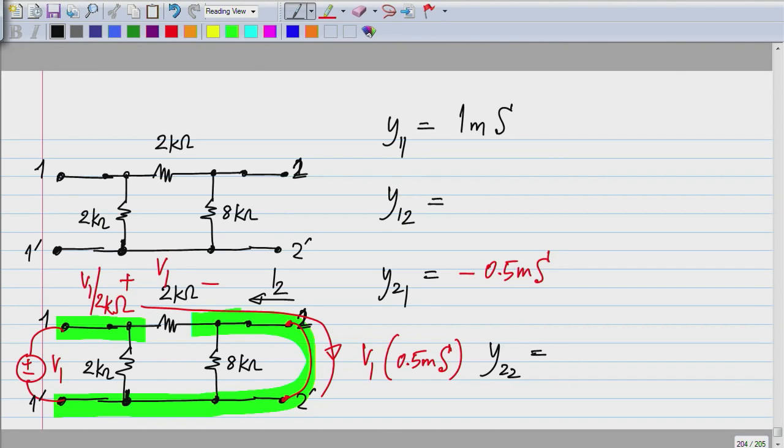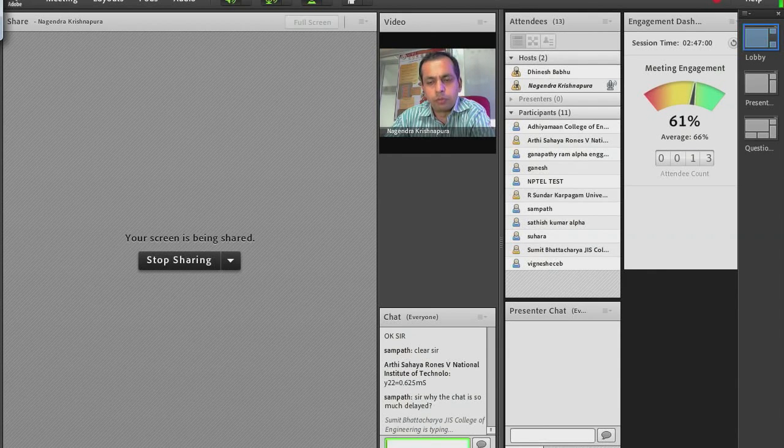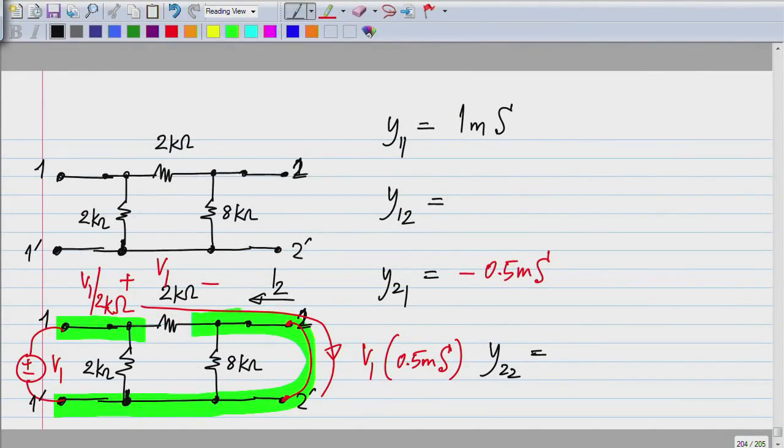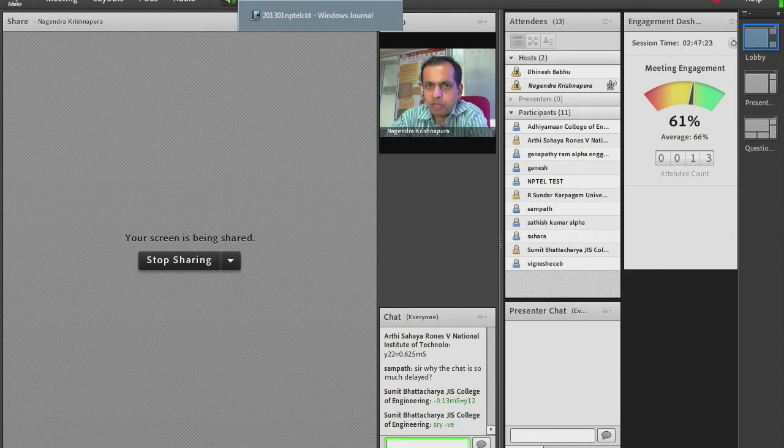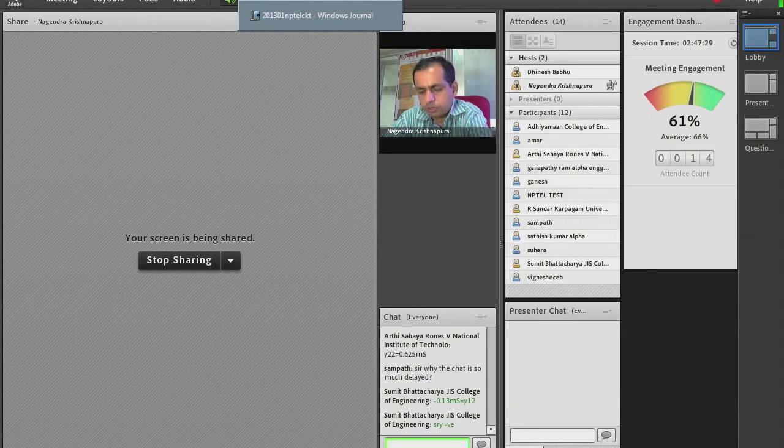So that is the correct answer. What about the value of Y12? Sumit has got minus 0.13 millisiemens. This is not correct. Please check your answer. Remember, Y12 is I1 divided by V2 with port 1 short circuited. No, it is negative, that's okay. But even the number is not correct.